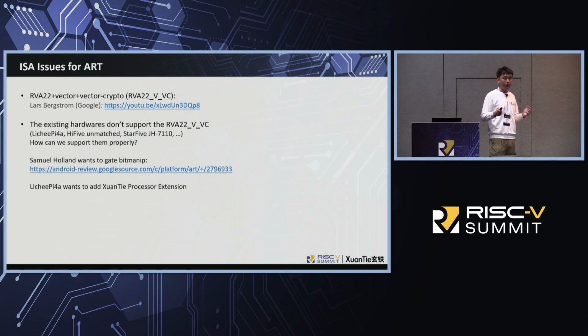So Semiholland sent a patch to work around it. We also like this patch, and we want a similar patch, but the difference is we want to add our custom instructions to AOSP. It's more complex than just bit manipulation.